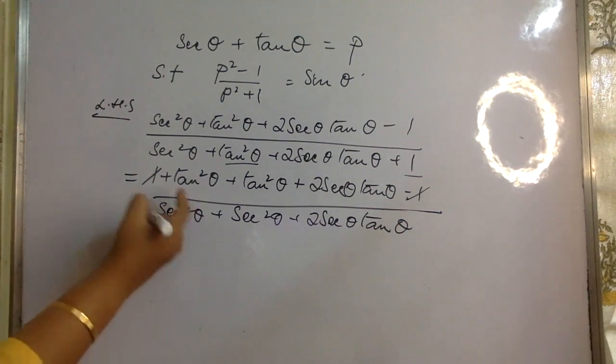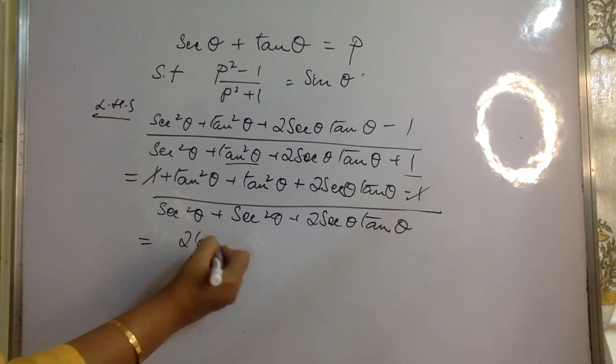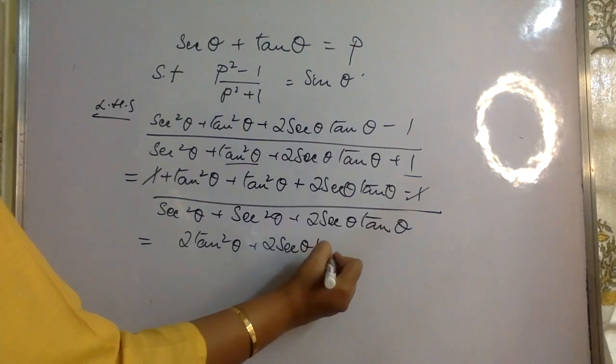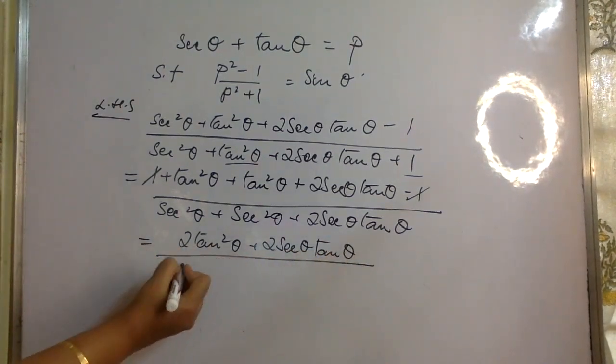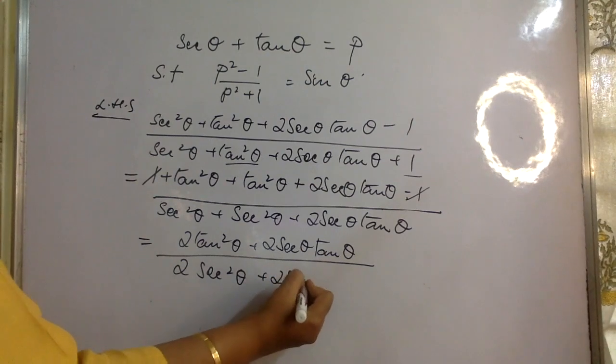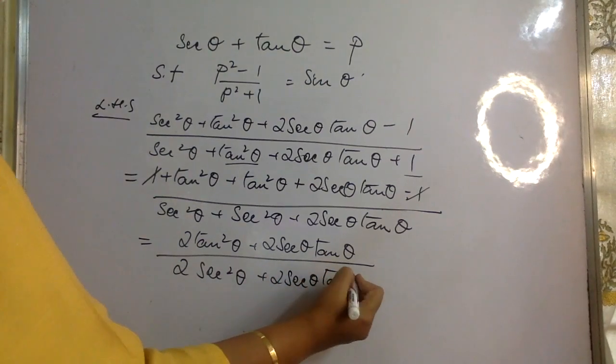Then this is 2 tan square theta plus 2 sec theta tan theta, by 2 sec square theta plus 2 sec theta tan theta.